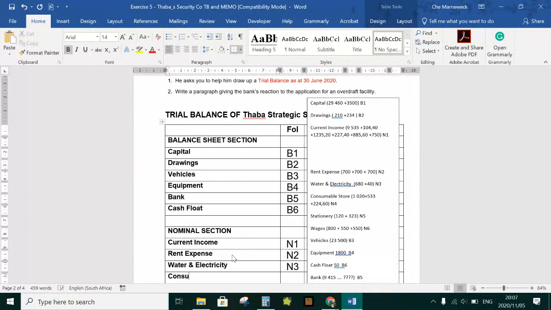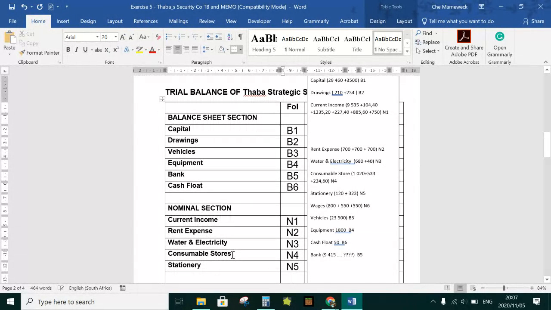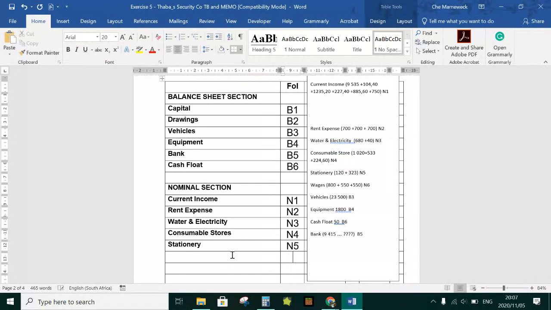We have consumable stores, N4. Stationery, N5. Wages, whoops, N6. I'm going to make this a bit smaller. It's quite a big font.